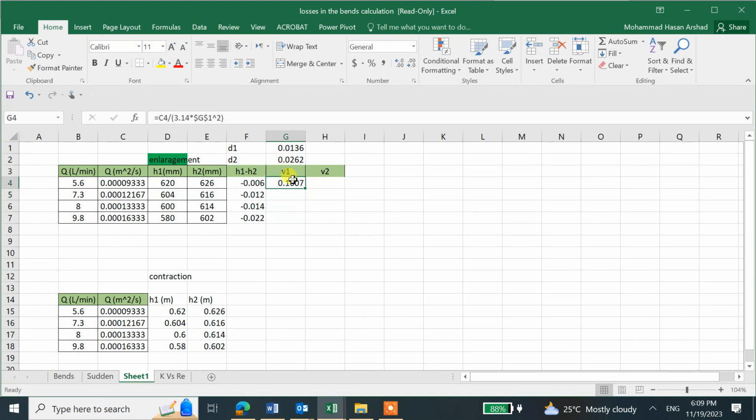And V2 will be flow rate divided by area, d square.